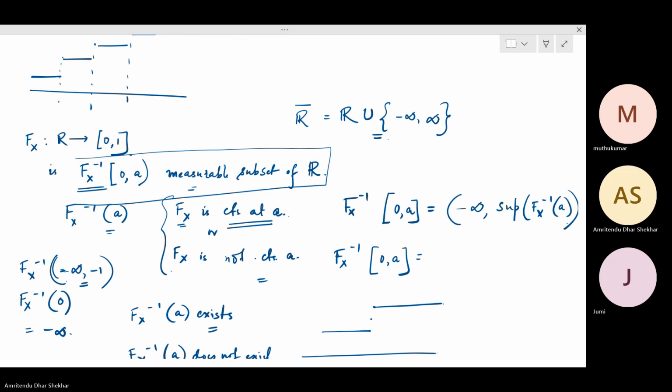Oftentimes we consider F_X as a map on this extended real line, from R bar to R, instead of R. Then all of these pathologies go away, and we can say that the CDF F_X is actually a measurable function.